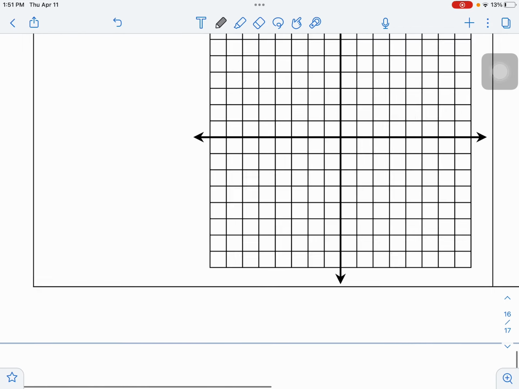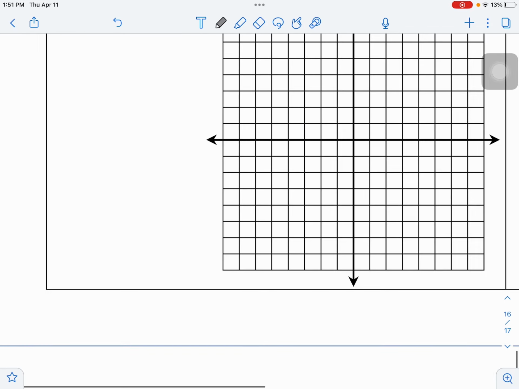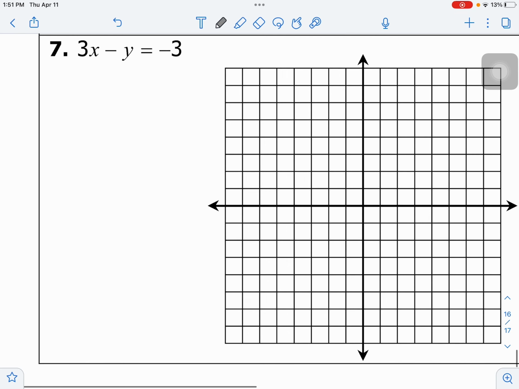If we are going to graph, we are going to use the same strategy of finding our intercepts. We're going to find our x-intercept this way and our y-intercept this way. And I'm going to do that pretty quickly so we can get it on the graph.